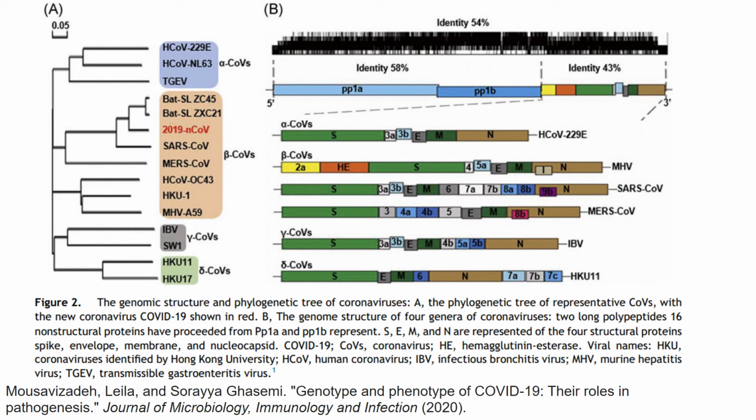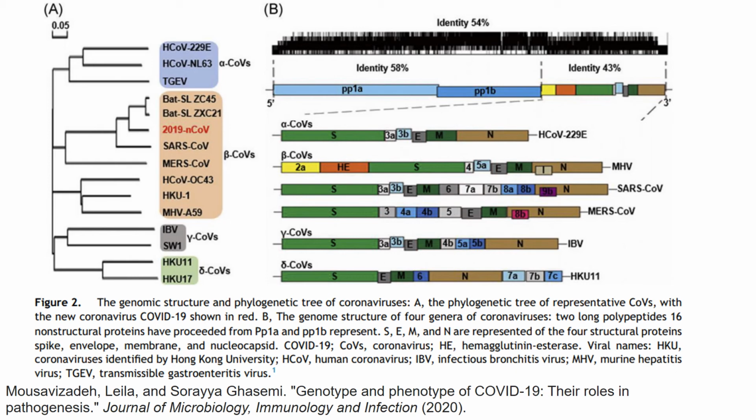For our interest, it's beta CoVs, and you can see that even then these parts are also different. So the one thing that you should notice is that the genetic organization varies even within the beta CoVs. Even if the sequence is similar, the organization on the RNA is variable, right?